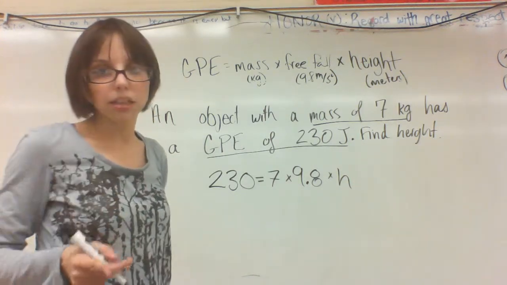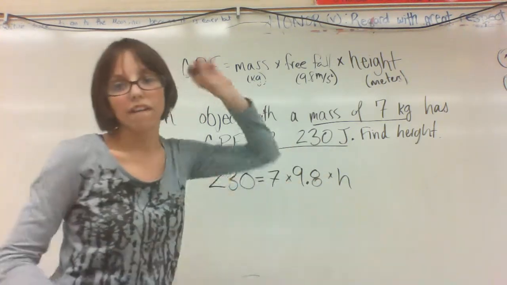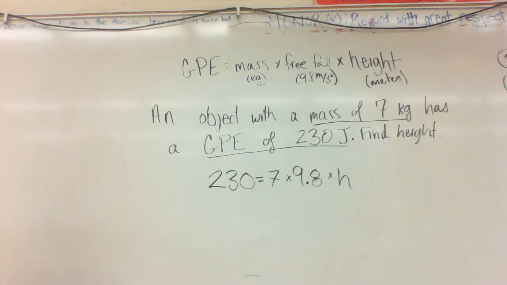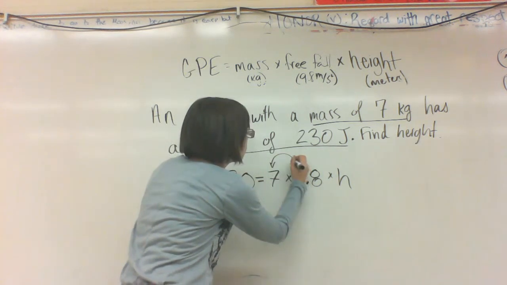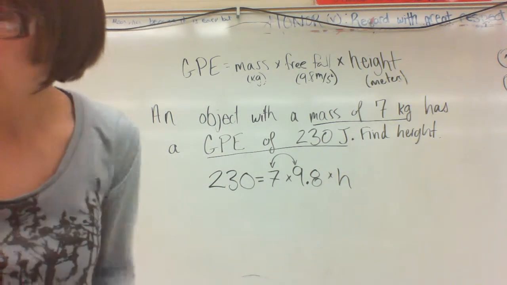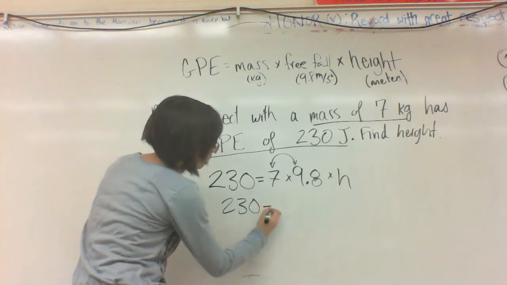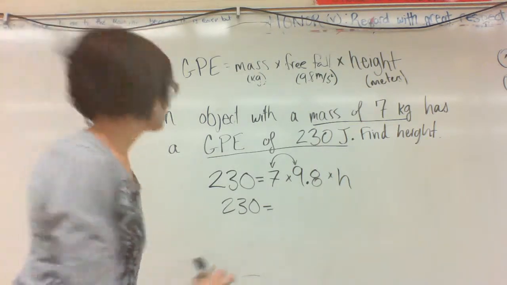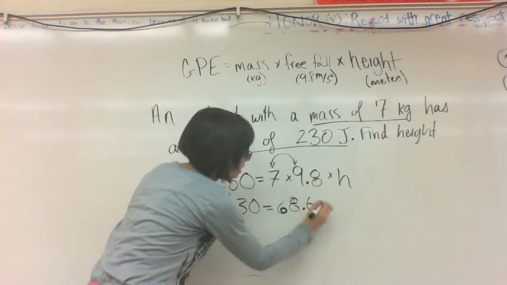Alright, awkward pause again. Combine these terms and solve for H. I'll give you a moment. Alright, awkward pause is over again. So you combine these terms, 7 times 9.8, and during that pause, I should have looked it up, which I didn't, but now I did. 230 joules is equal to 68.6.